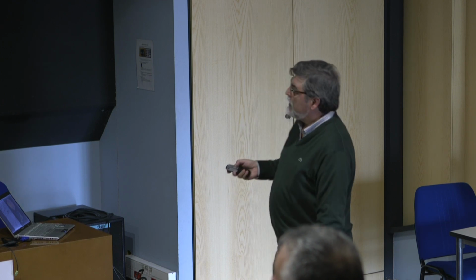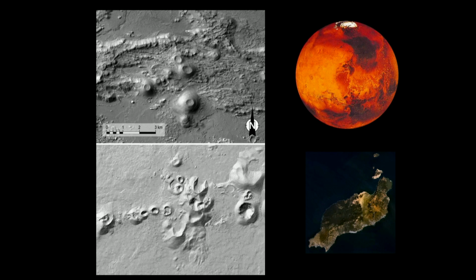And I have brought here for you to see some of this comparison. This is Mars and this is Lanzarote. This is the change of volcanoes, and maybe the interpretation is mud volcanoes or hydrovolcanoes on Mars.